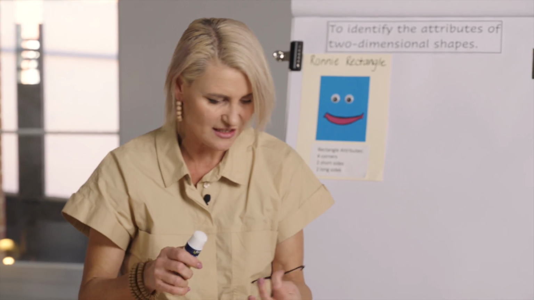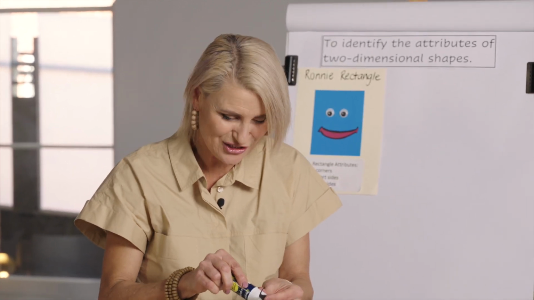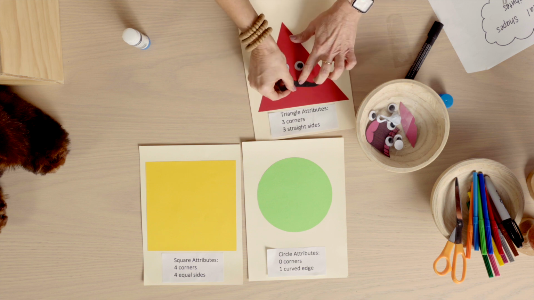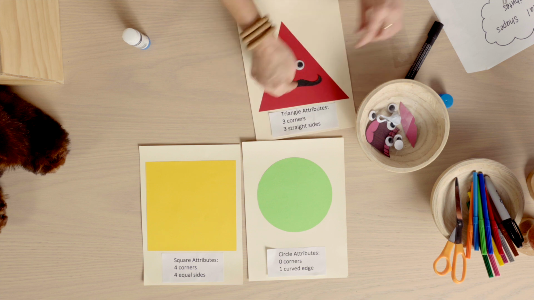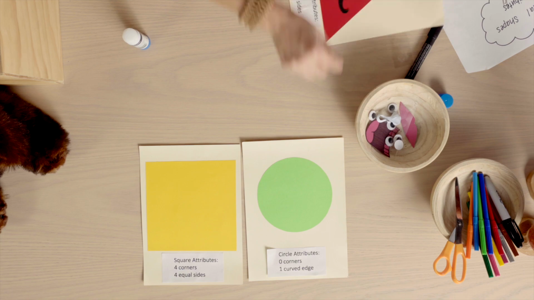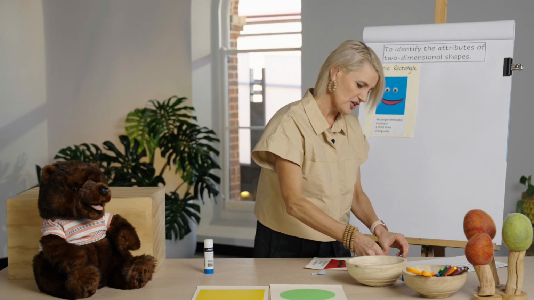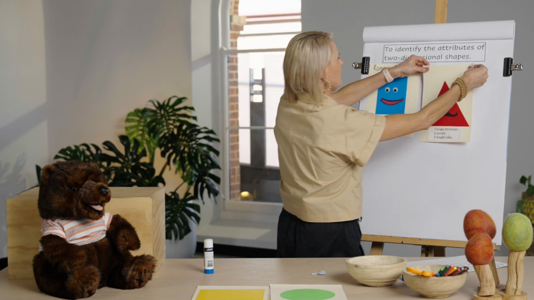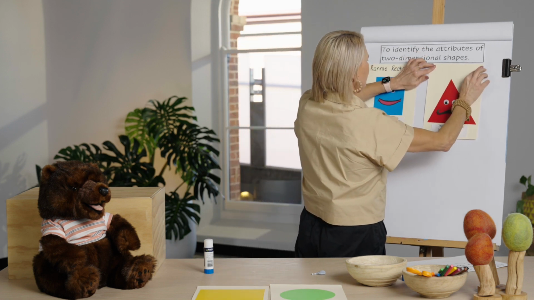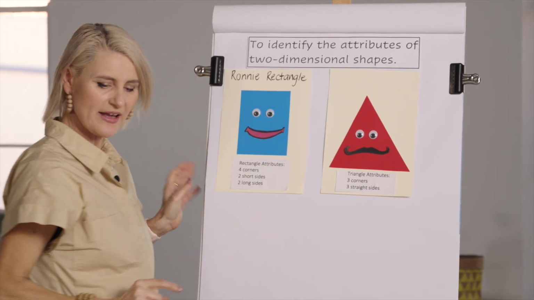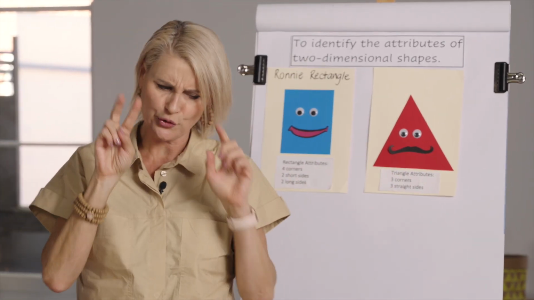I think I'm going to stick on a moustache on our triangle. Oh my goodness, fantastic. Let's get some more tack and stick up our triangle shape onto our easel here.